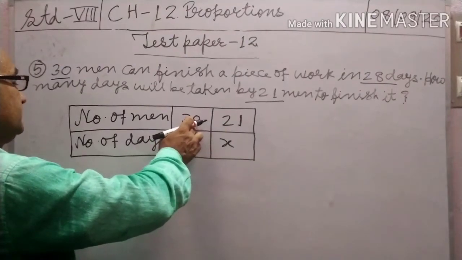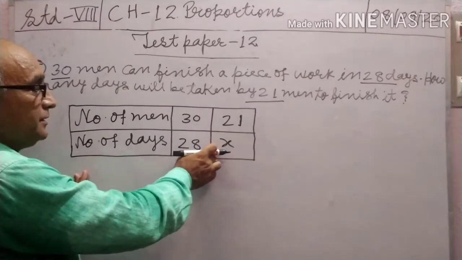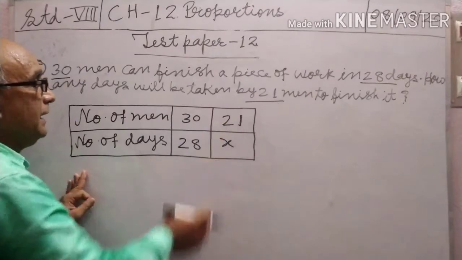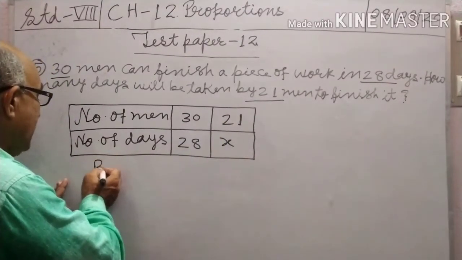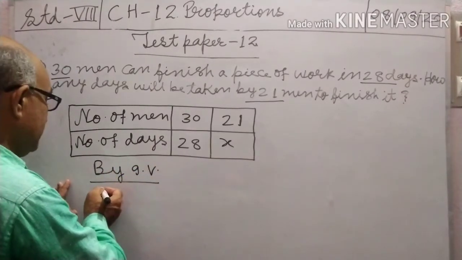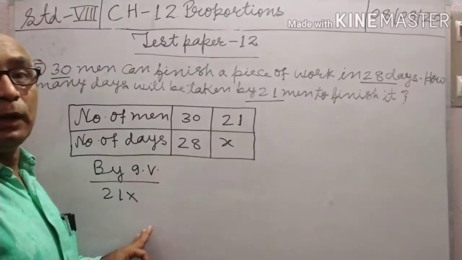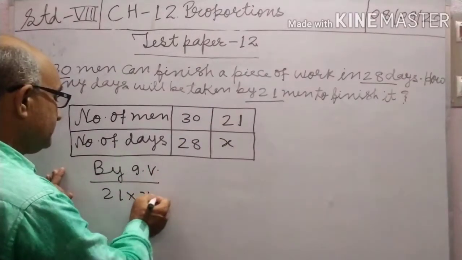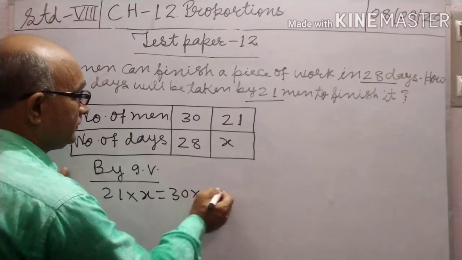More men, less days. Less men, more days. One increases, the other decreases. It is inverse variation. In inverse variation, the product of two quantities is constant. So 21 into X equal to 30 into 28.